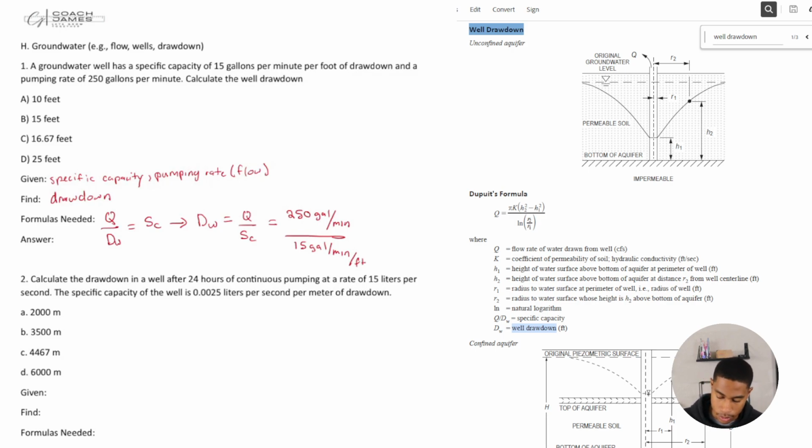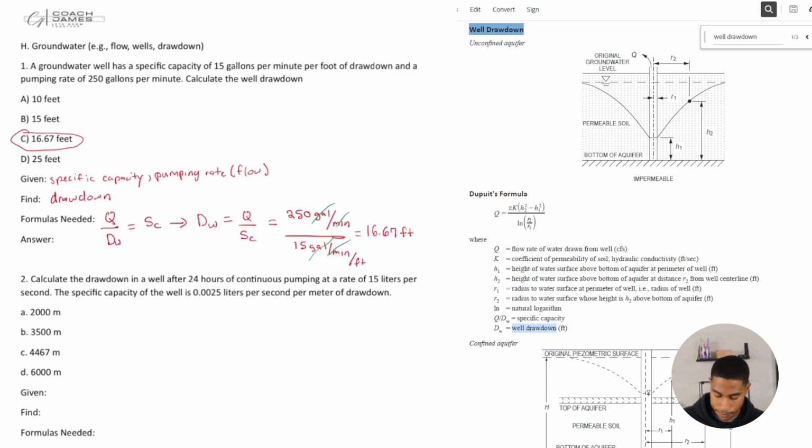And so when we cross out our units, we're left with feet. So this is going to equal 16.67 feet, or C.